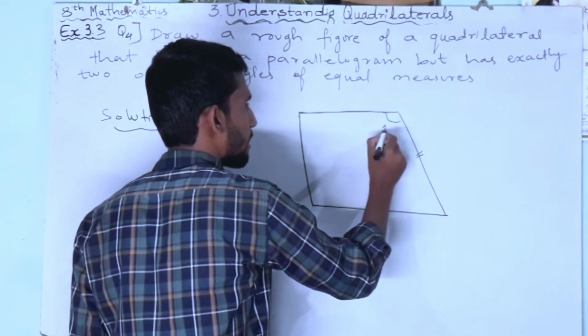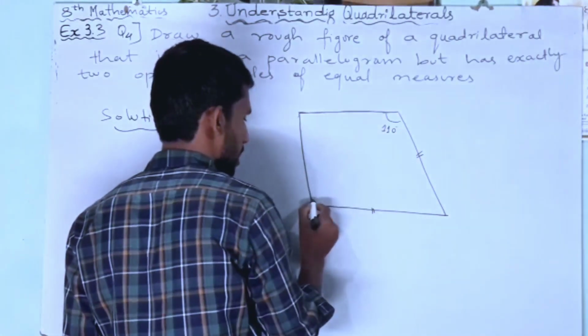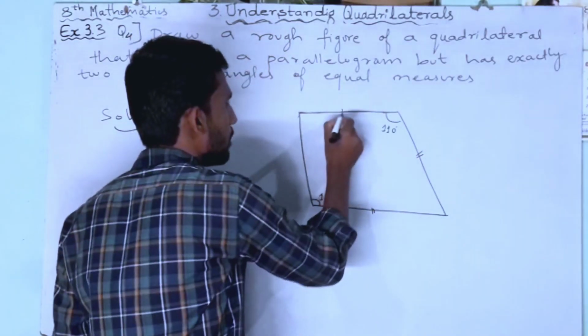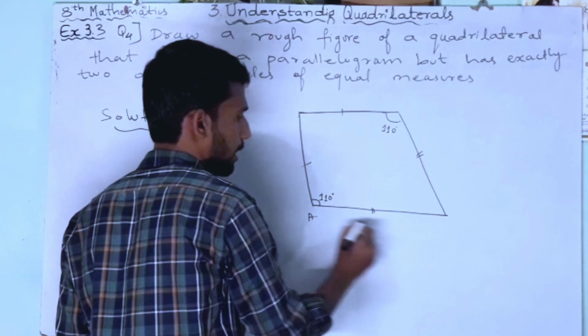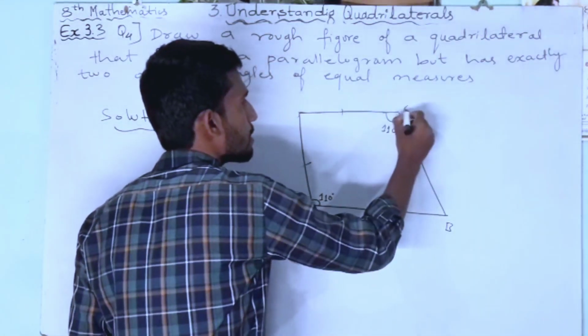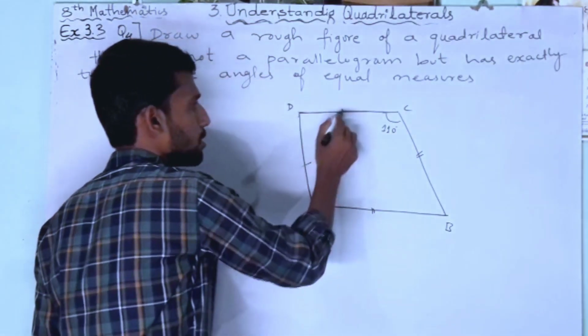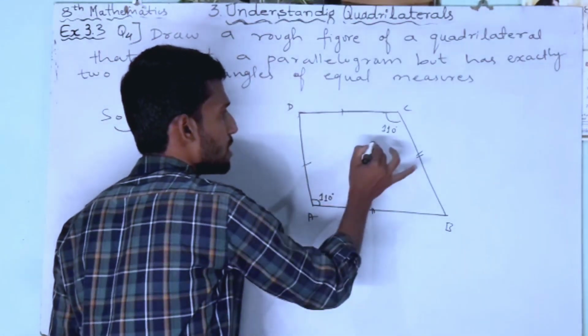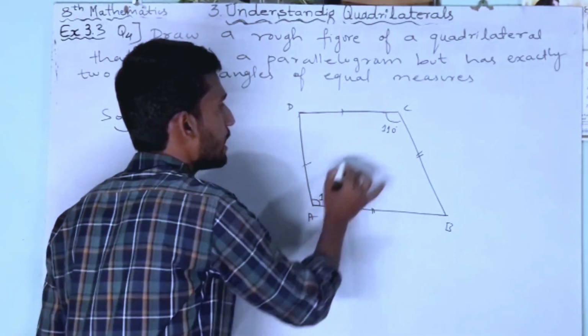This is 110 degree and this is also 110 degree. These two are A, B, C, D. These two angles are equal. Opposite angles 110 degree, 110 degree.